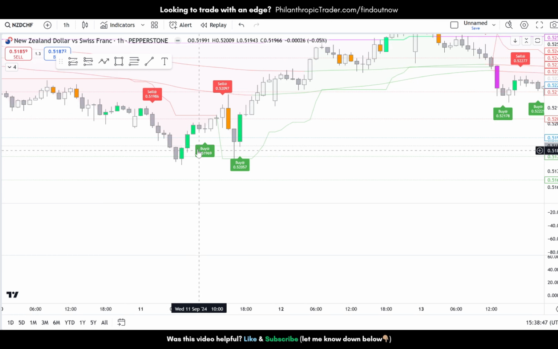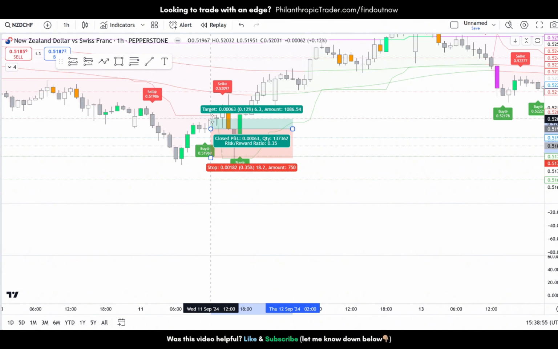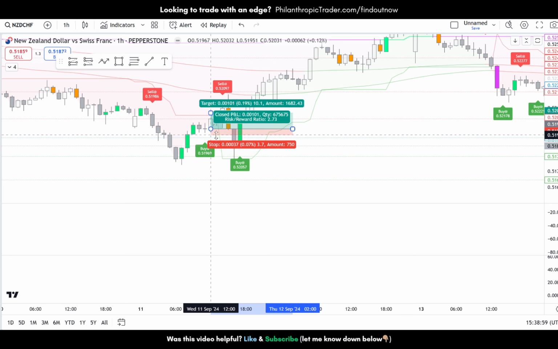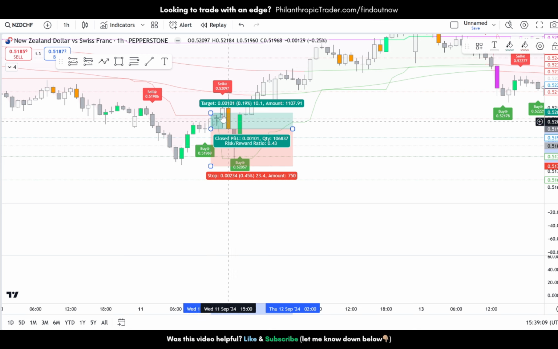Then we see a buy signal over here, after this one is closed. So that is over here's 10 pips. You can put your stop loss over here if you want. Okay, let's put it over here, about 23 pips.